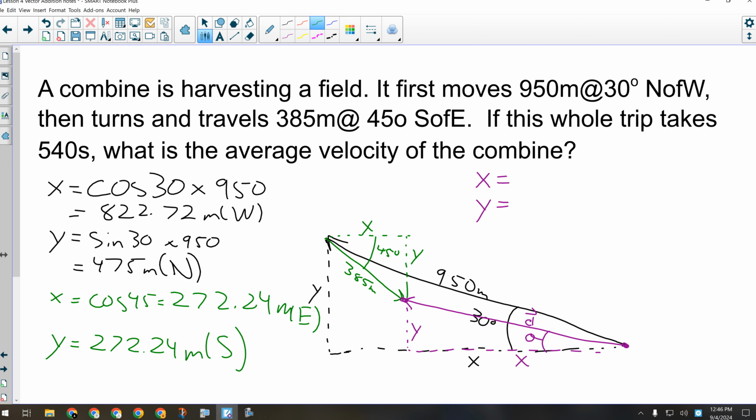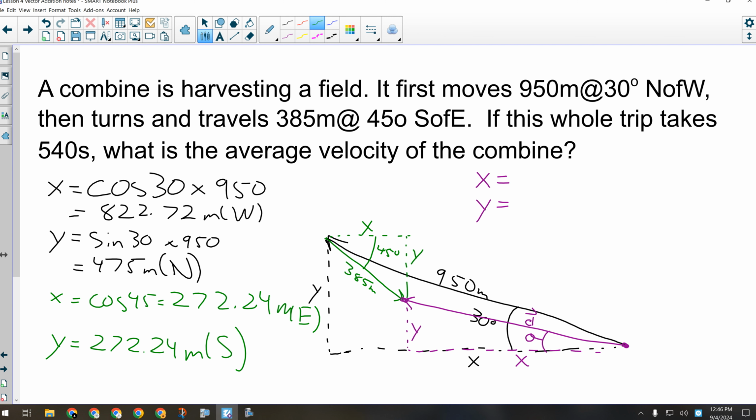Okay, so I found the x and y components of the two vectors I was given. What do I have to do with all the x's and y's now? Combine them. I need to figure out how far horizontally, in this case east or west, that combined trip went. So I'm going to take the two x components and add them together.